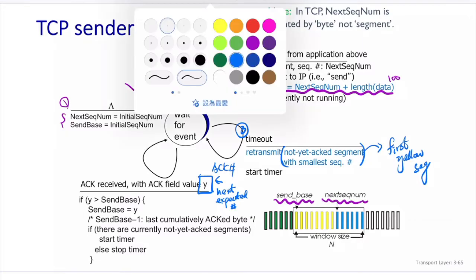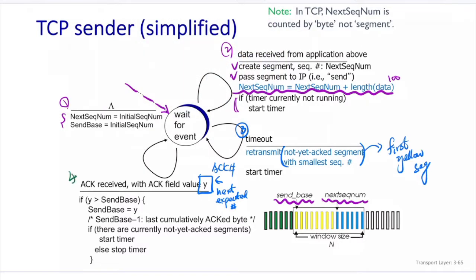And number 4: as a sender, when you receive an ACK, you have to parse the ACK packet and get the Y value. The Y value here is the sequence number written in the ACK packet, so it indicates the next sequence number expected by the receiver.